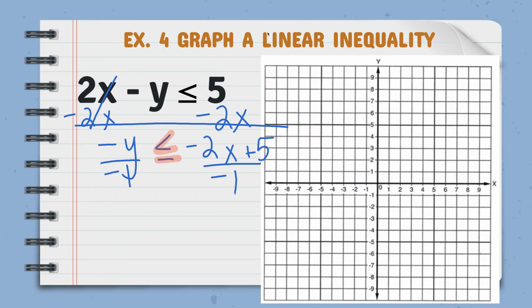It's going to change. We need to flip our sign. And so it goes y, it now becomes greater than or equal to 2x minus 5. Okay, do not forget that part. When you multiply or divide by a negative number, you must flip the sign.